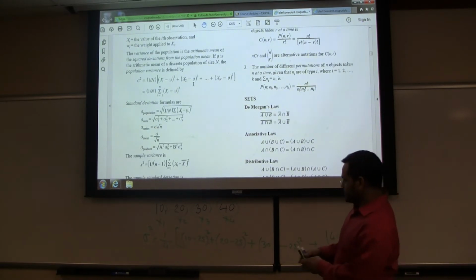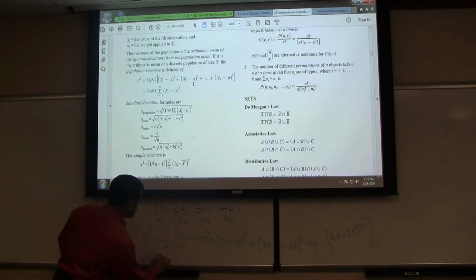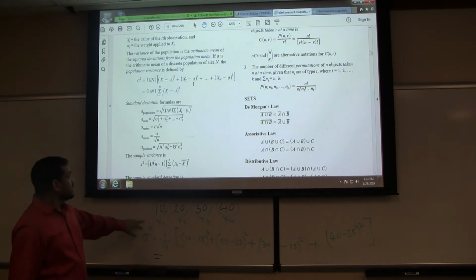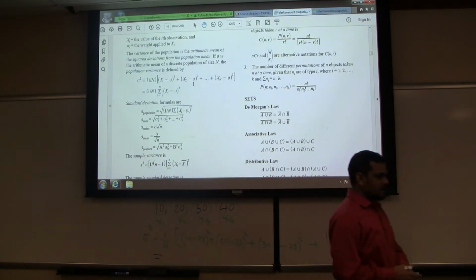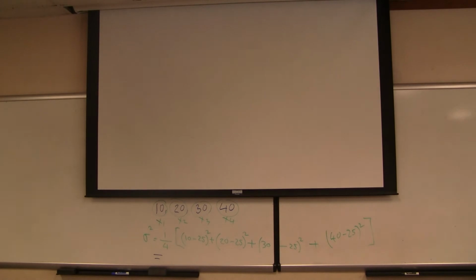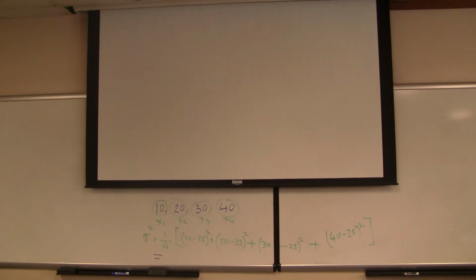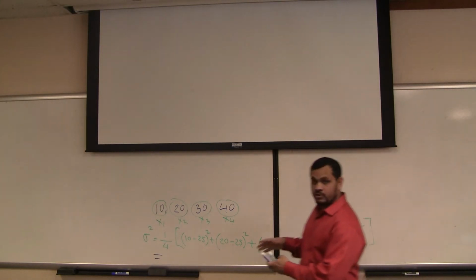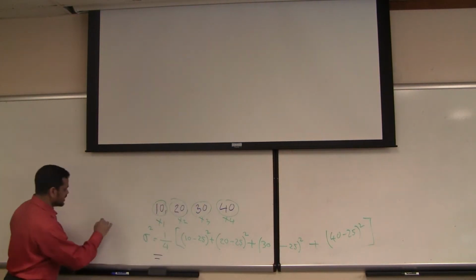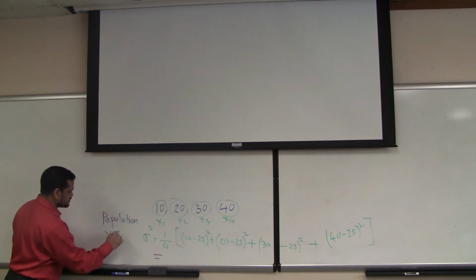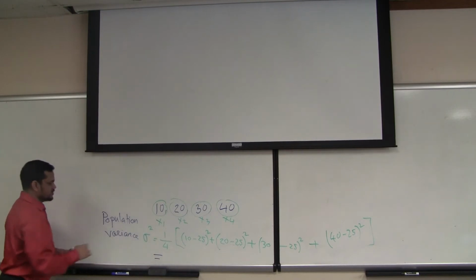Then whatever result I get, that is my population variance. If you do not see it clearly, I'll turn it off. Now you can see this is the population variance for these four data.